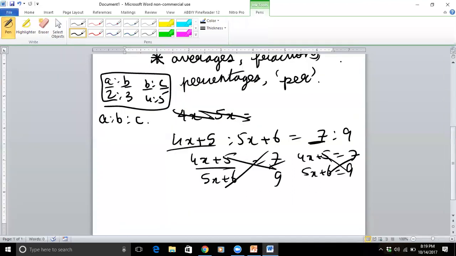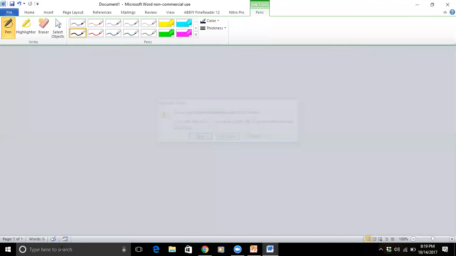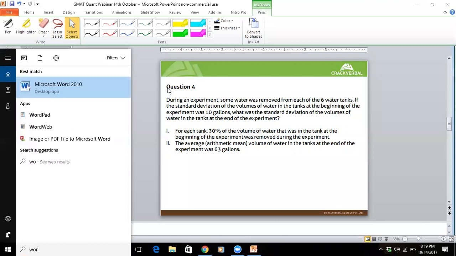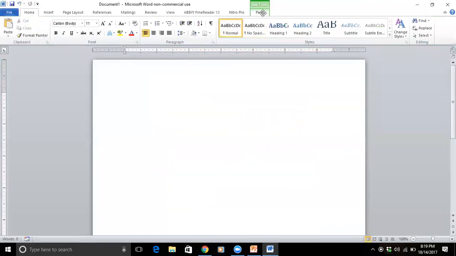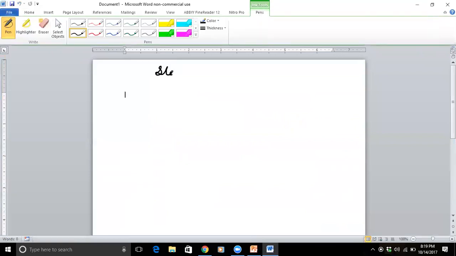Okay, so I'm just moving on to a Word file. Now, what standard deviation basically is, is it measures the dispersion from the mean.